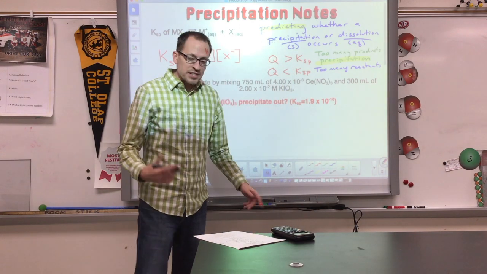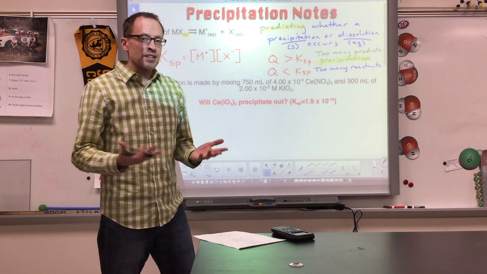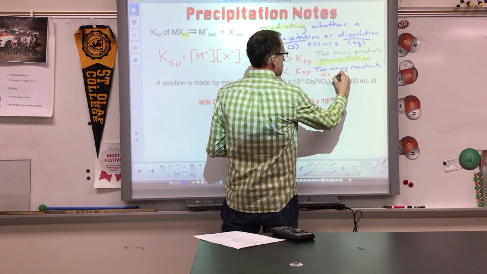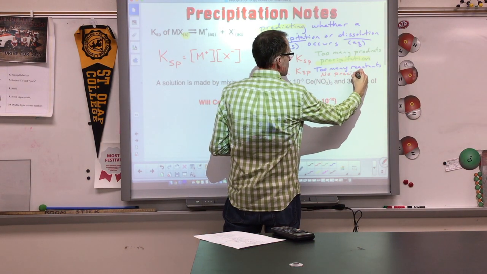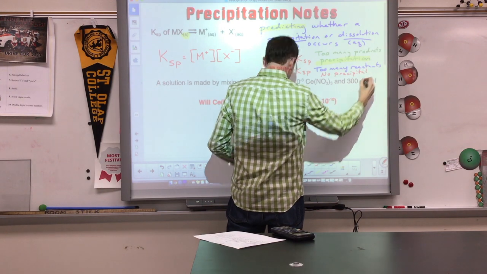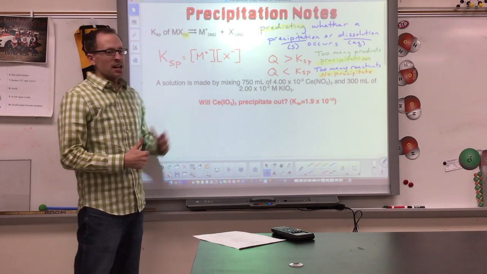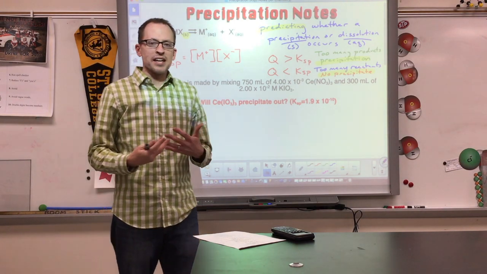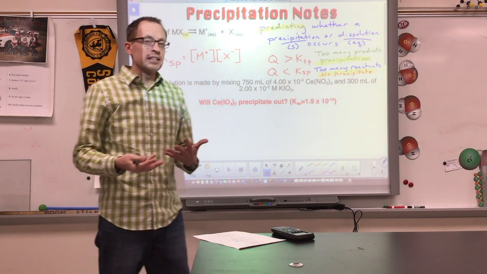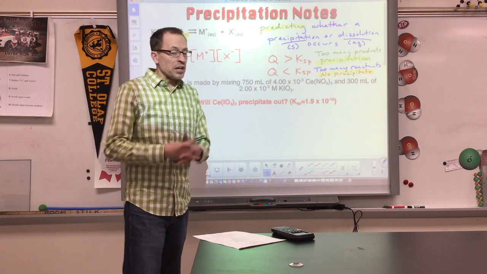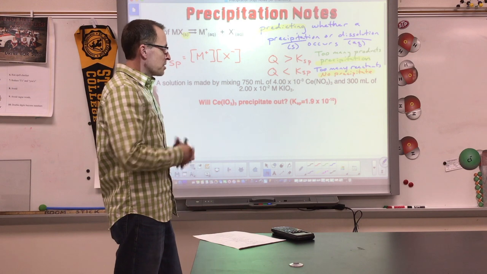You can think of this as dissolution, or you can say there's no precipitate. So that's what we're going to do today. We're going to utilize Ksp to predict whether or not things are going to precipitate, or how much is going to precipitate or dissolve.